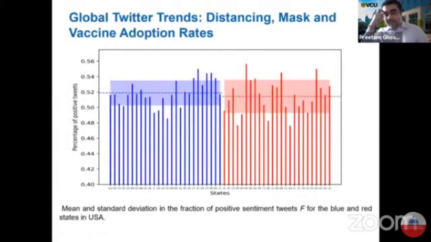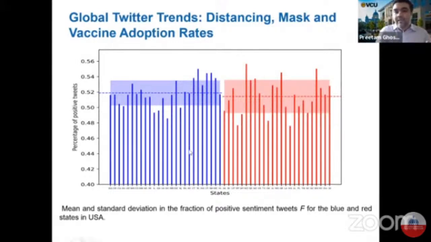Another interesting study we did here was on red versus blue states in the US. So we know that the public perception was that Republicans may not be following the mask, social distancing, and vaccination ideas as much as the Democrat states, right? However, we saw that that's not necessarily the truth.